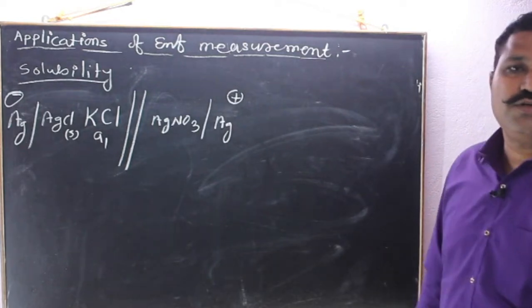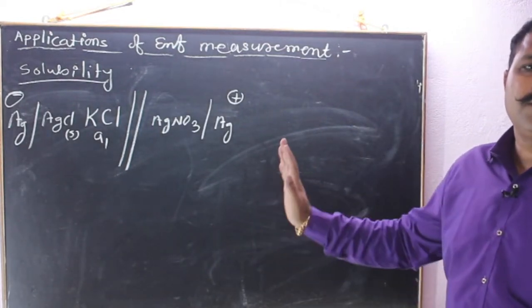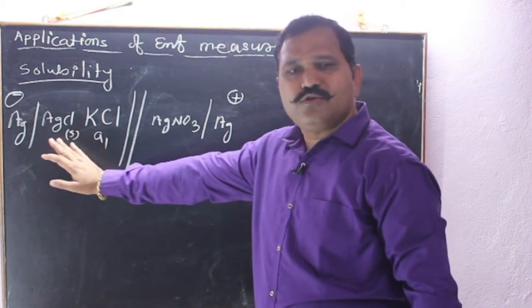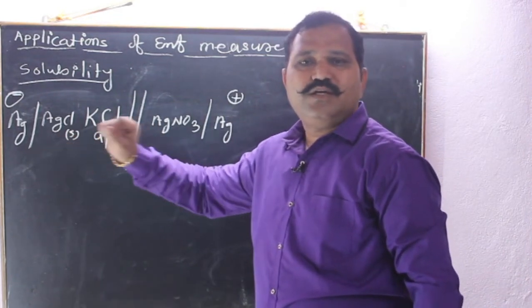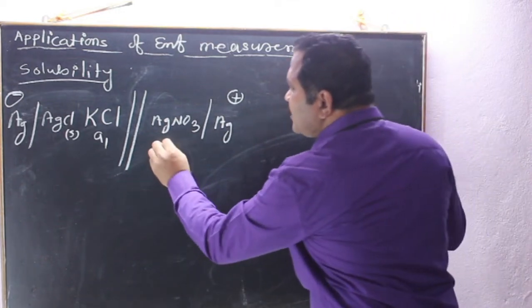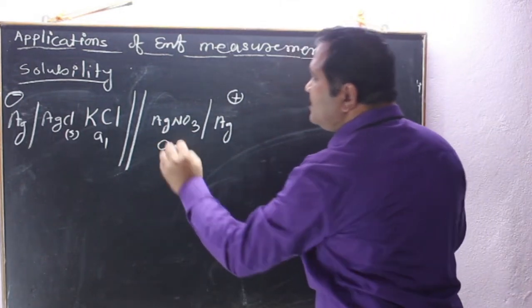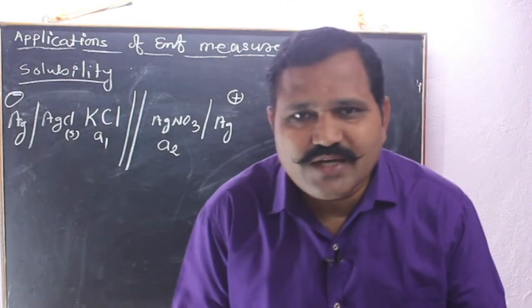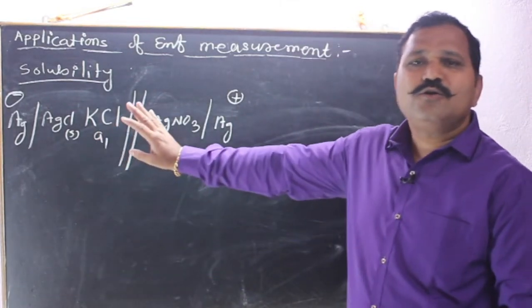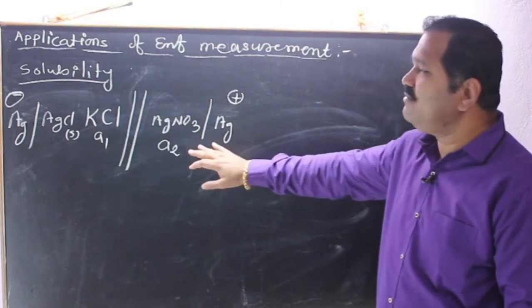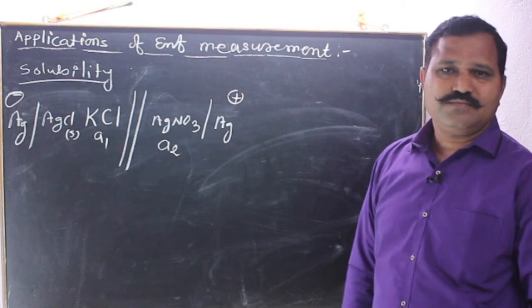This electrode is constructed for determination of solubility and solubility product of AgCl. Okay, and here concentration or activity of AgNO3 is known. Mind here, what we are doing, we are taking known activity KCl solution and known activity AgNO3 solution.